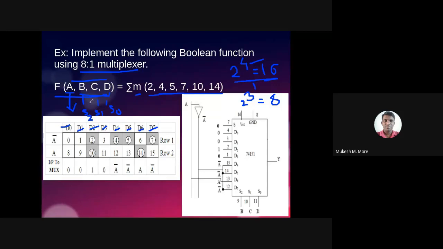We have already assigned B to S2, C to S1 and D to S0. The remaining part I have to implement using a table, which is called the implementation table. For the implementation of A, I have to form this table. A has two values, A bar and A.